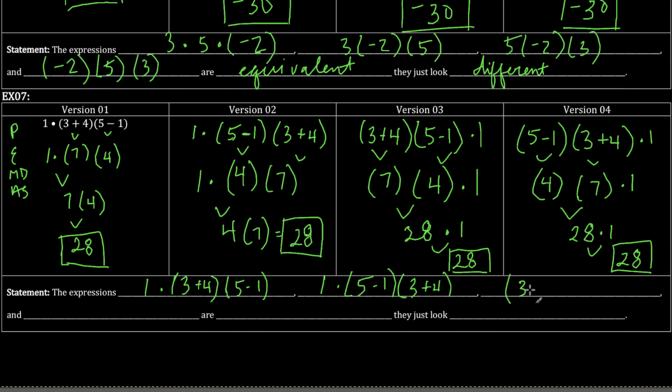And my third one is 3 plus 4 times 5 minus 1 times 1. And my last one, which is 5 minus 1 times 3 plus 4 times 1. They are all equivalent. They just look different.